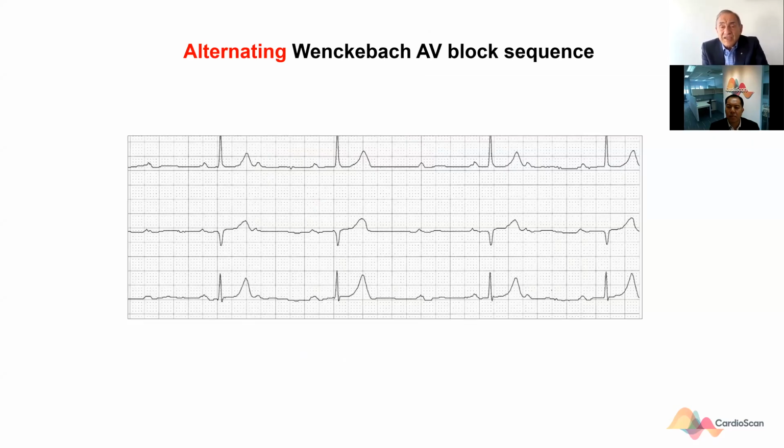So let's try and see what it all means. Firstly, let's put in the sinus P wave. And if you look at it now, you'll see that the first one is a shortish PR interval, the second one is longer, and this occurs in the second sequence. Then we have the drop beat.